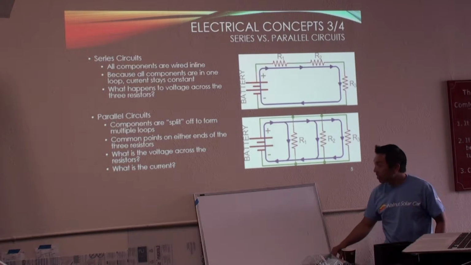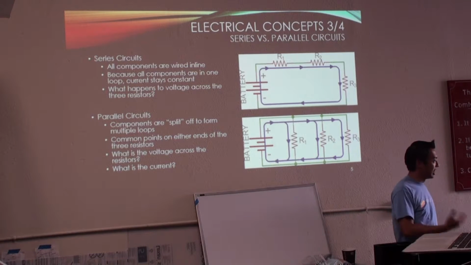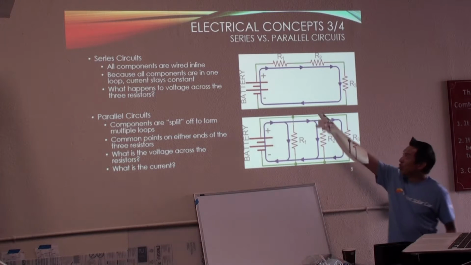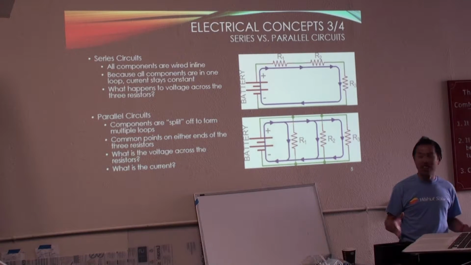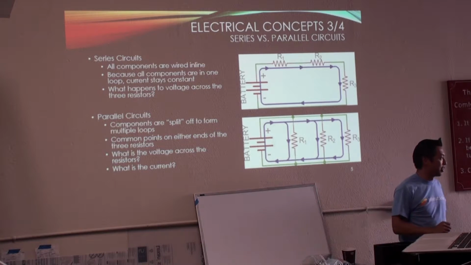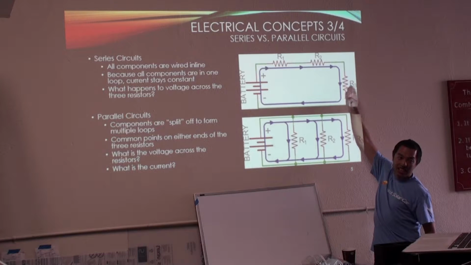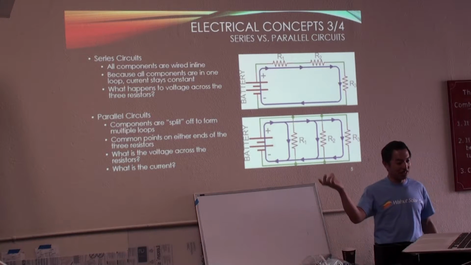Yes, the voltage across R1 would be twice that of R2 and R3. So in this case, you would have 2R plus R plus R, so a total of 4R across 30 volts. So R is 7.5 volts, which means the voltage across R2 and R3 is 7.5 volts, which means the voltage across R1 is 15 volts.